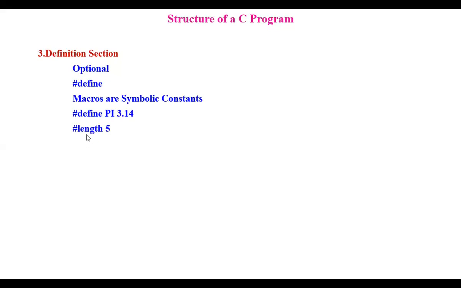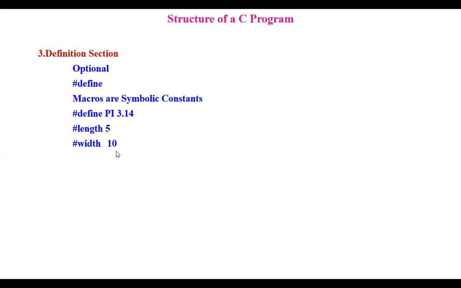I want to use the length. This is a particular constant or a word. When you use the length, that length means it is 5 units. Similarly, width 10. Whenever I use this length and width in this particular program, their values are fixed, and we will be using it as 5 and this as 10.